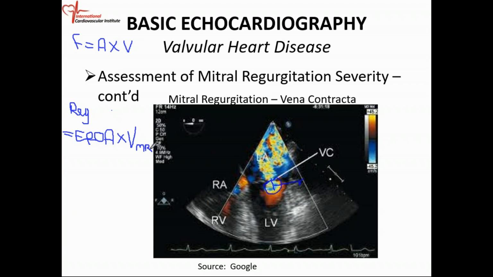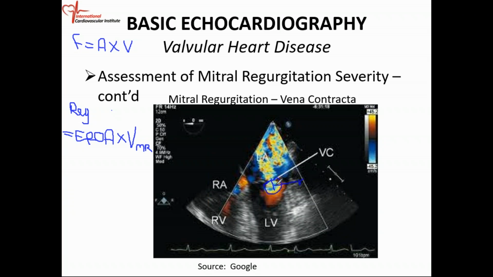Okay. So the regurgitant flow, that is the flow of blood going backwards, is equal to the area, which is EROA, times the mitral regurgitation peak velocity.